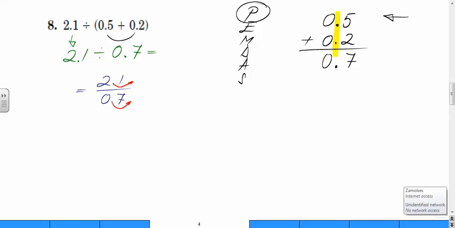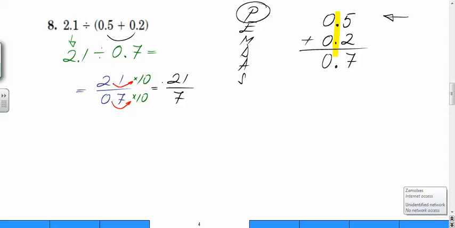You're basically multiplying each one of them by 10, okay? As you can see, the value doesn't change. I still have the same fraction, the same ratio if you want, and I feel better now because by multiplying 2.1 by 10 I will get 21, and when I multiply 0.7 by 10 I'm getting 7, and now it looks much better, right?